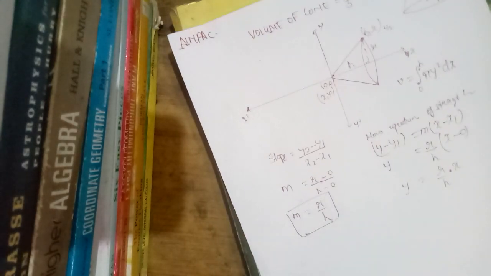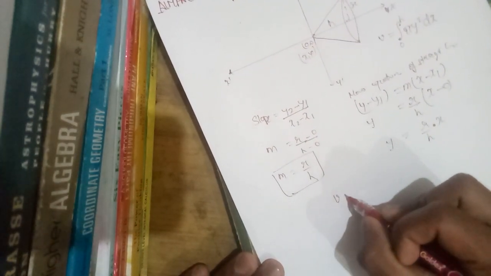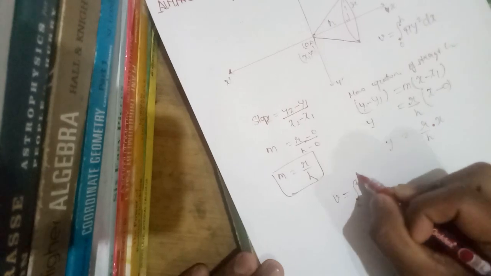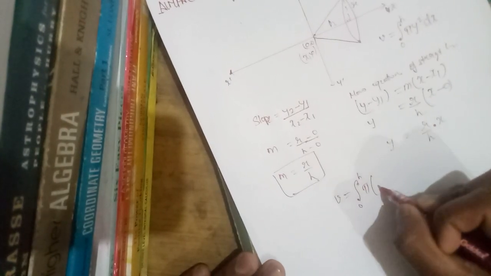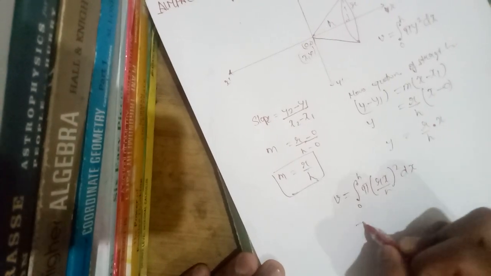Now we have the equation of y, and we are going to replace it in the volume formula. So here we go. Now we get volume equals the integral of pi times (r x by h) the whole square, dx.